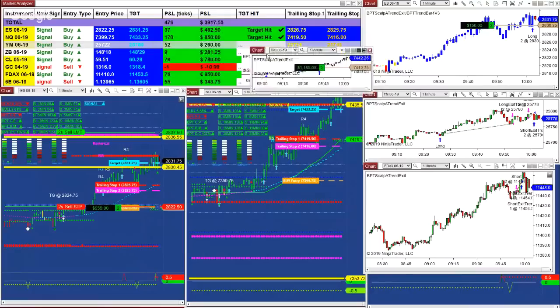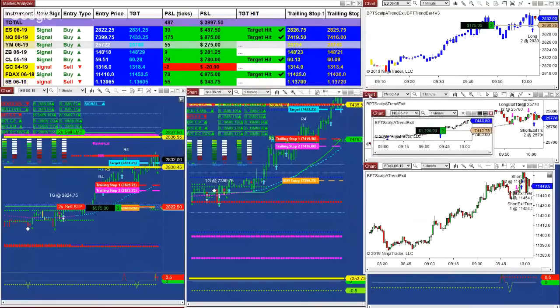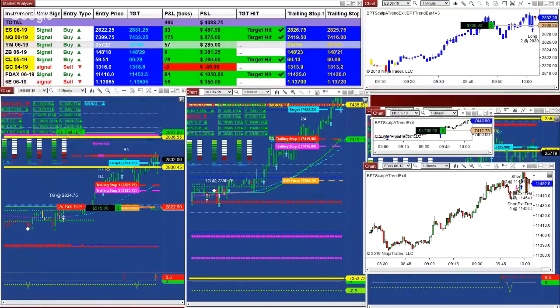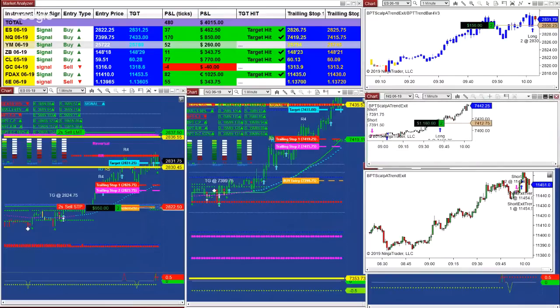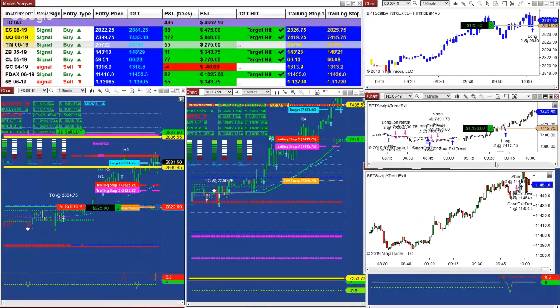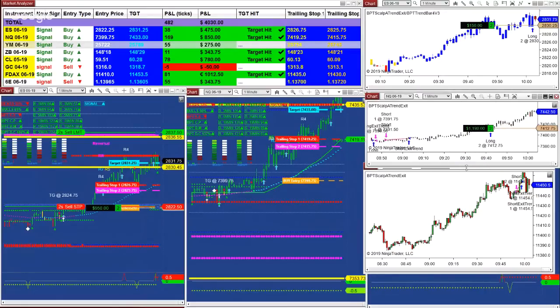Let's go ahead and put up the Nasdaq. We're still on that trade on the Nasdaq. At the moment, there are 481 ticks.